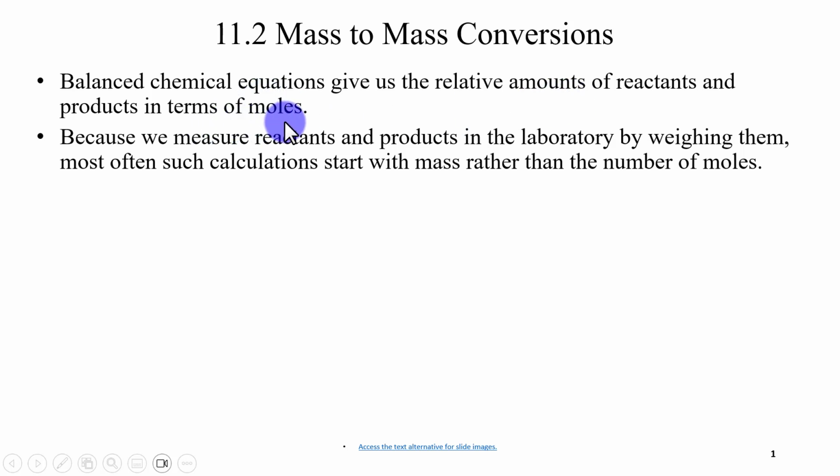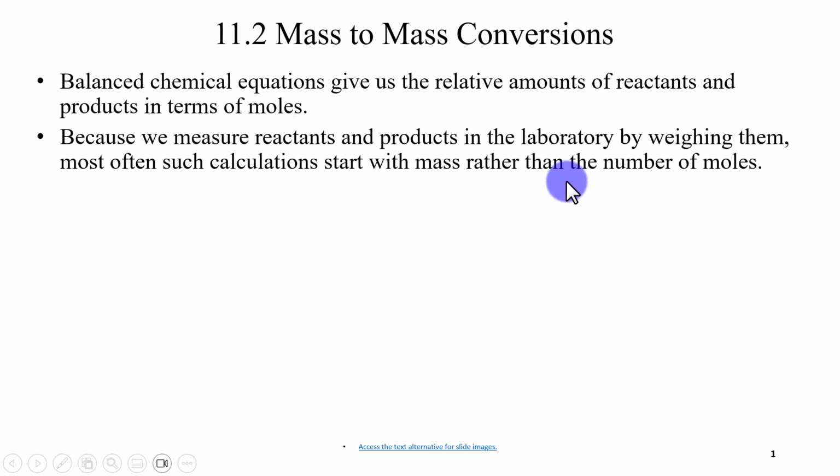in terms of moles. However, when we measure any molecules in the laboratory, reactants or products, we have to weigh them. There is no way for us to figure them out in terms of moles directly on a scale.